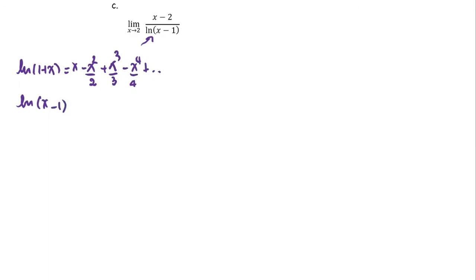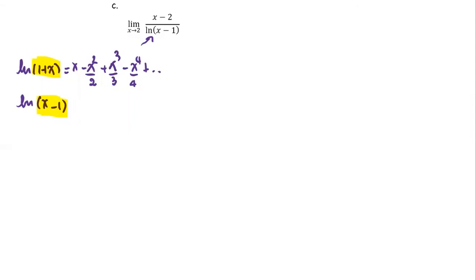But the form that we have, which is the natural log of the quantity x minus 1, is similar but not easy to replace right away with a function like e to the x, e to the negative x, and so forth. Now we are going to adjust the argument of the natural log to fit the pattern of the natural log of 1 plus the quantity x.